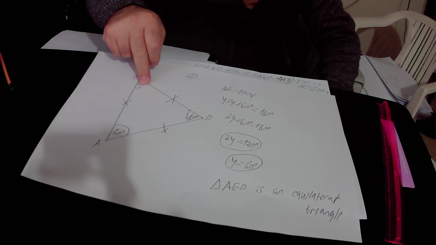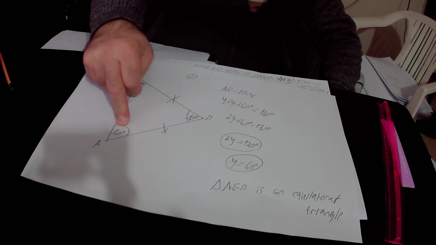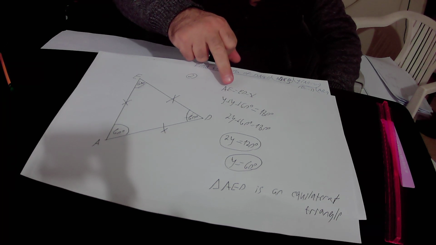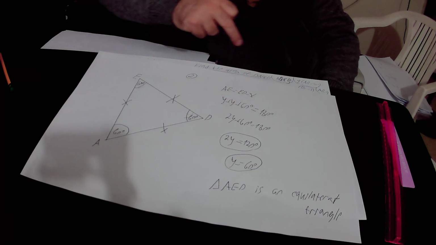That is to say, angle y plus y plus 60 degrees must equal 180 degrees, because the sum of the angles in triangle AED must be 180 degrees. So y plus y is 2y, so 2y plus 60 degrees equals 180 degrees.